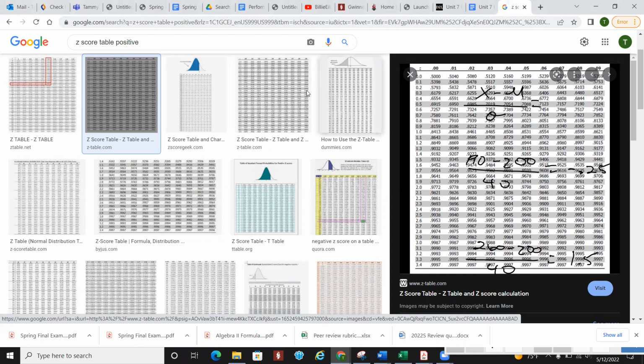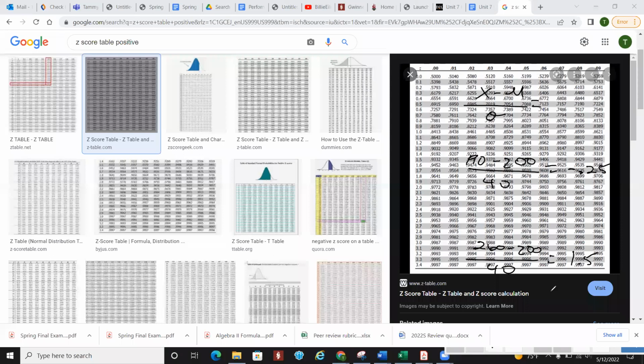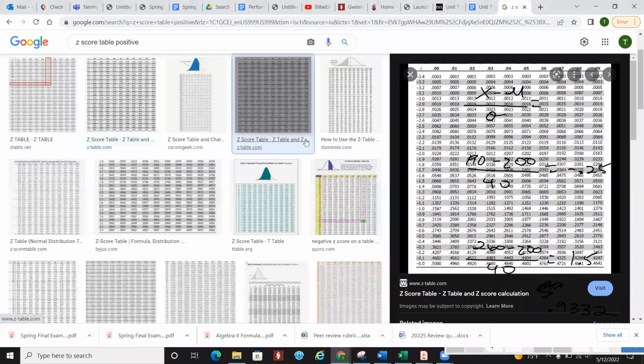I'm going to write that down. 0.9332. I know you can't see that yet. It's okay. And then we go to a negative z-score table, and we're going to go to negative 0.25. So we'll go to negative 0.2, and then we'll go over to 0.05. So that's 0.4013.